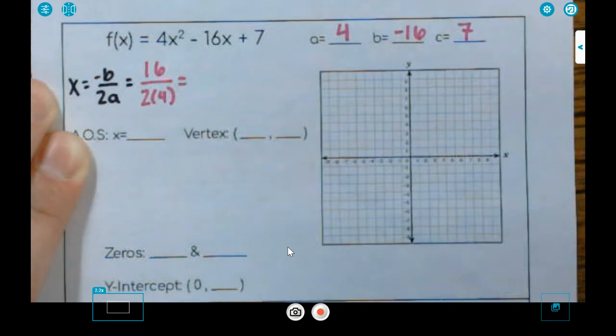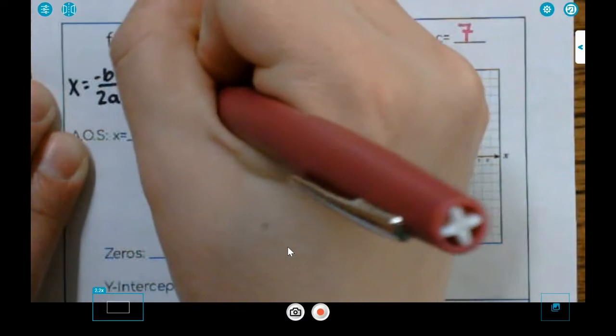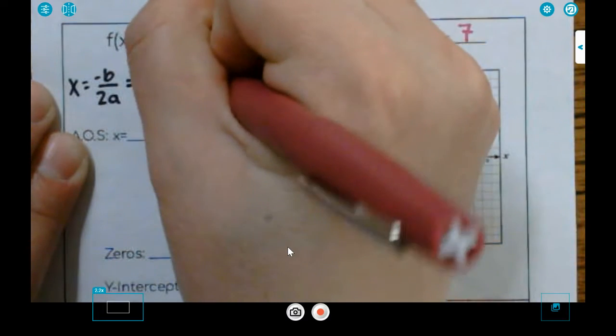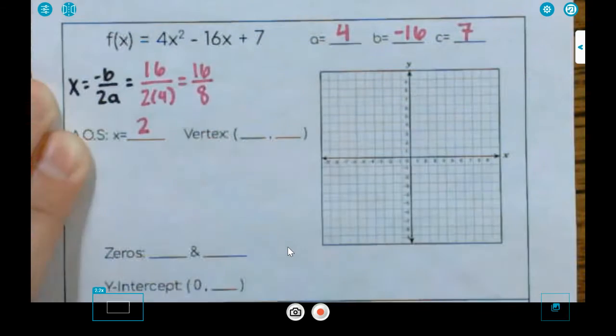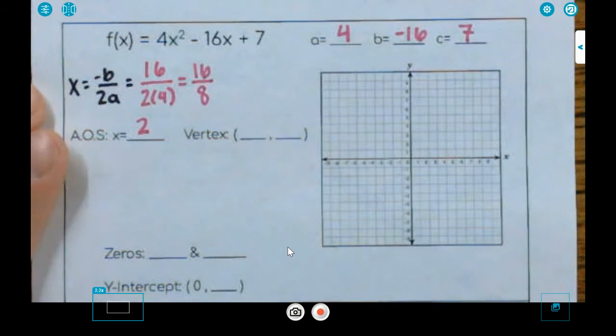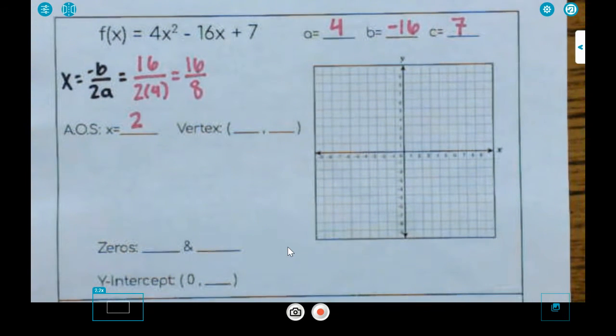Okay. So then we're going to multiply out the bottom there. 2 times 4 is 8. So now we have 16 over 8. And then 16 divided by 8 is 2. Okay.